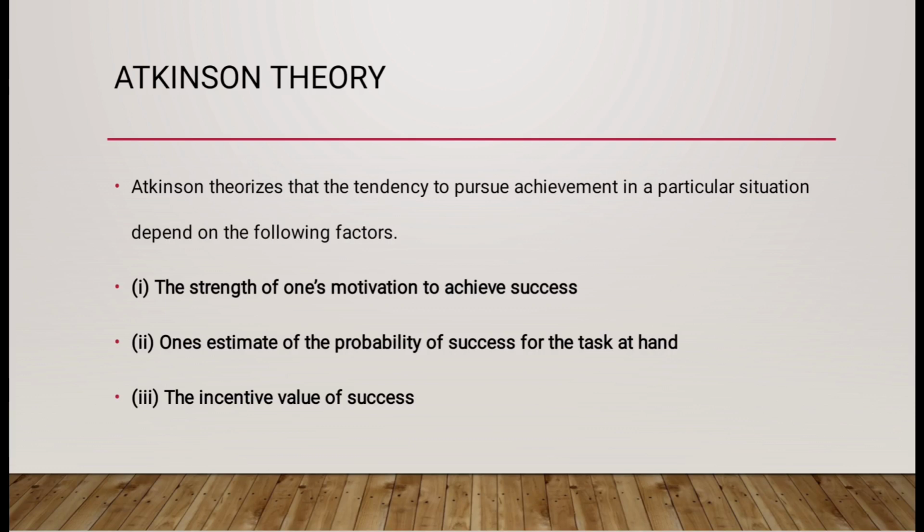Another important thing in achievement motivation is the Atkinson theory. The Atkinson theory says that we have a tendency to pursue achievement in particular situations. Atkinson mentioned three factors. One is the strength of one's motivation to achieve success, that means whether they think they can achieve it or not.